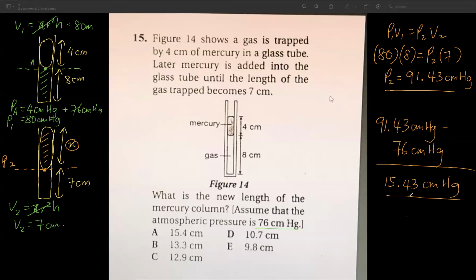This is the pressure that is only from the mercury. This is the mercury pressure. The pressure resulted in the length of the mercury here. So what is the length of the mercury? 15.43. Means this is 15.43 cm. So your answer is A.